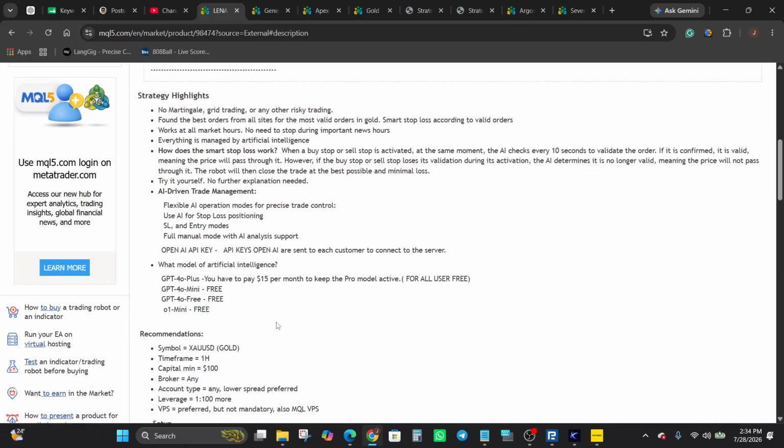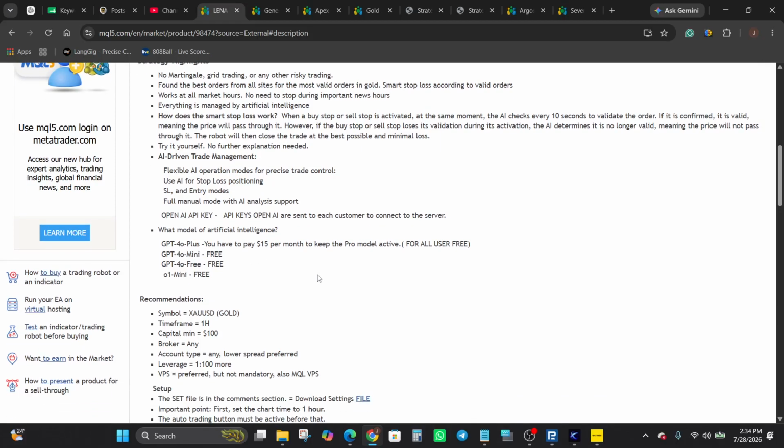All right, now the core logic operates by issuing buy stop and sell stop pending orders, checking trade validity every 10 seconds. If an order loses its validity during execution, the system is designed to close the position early at a minimal loss.